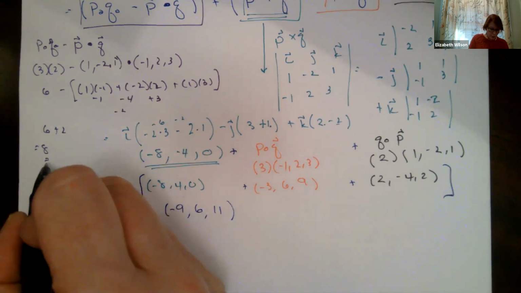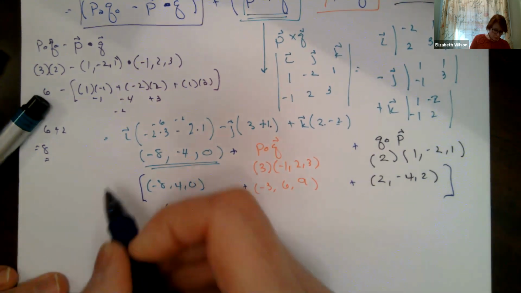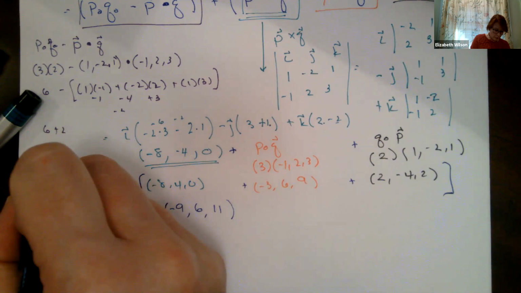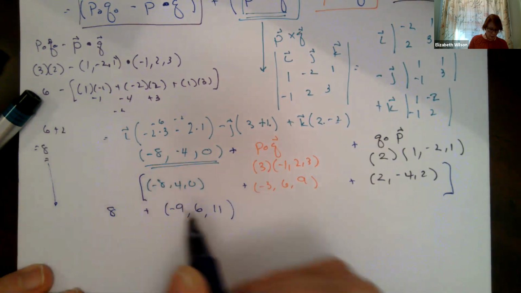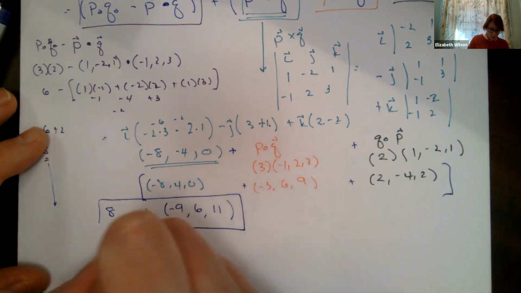Don't forget your scalar part, plus my scalar, 8. Okay, so this is our resulting quaternion. This is our answer.